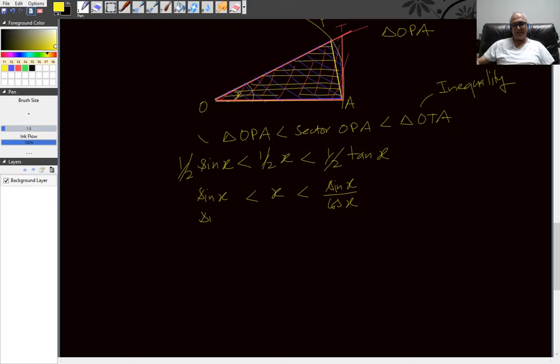We get sin x divided by sin x, x divided by sin x, and sin x divided by cos x divided by sin x. So what it leaves us is 1, x by sin x, and this becomes 1 by cos x.